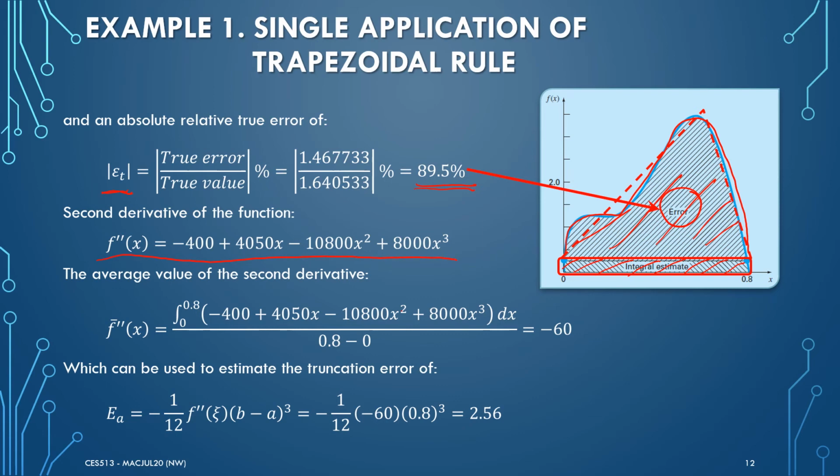The average value of the second derivative, after calculation, is equal to negative 60, which can be used to estimate the truncation error. Remember before that we estimate the value of the second derivative at xi as equal to the average value of the second derivative of the function.